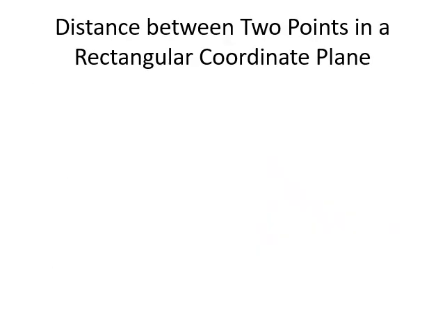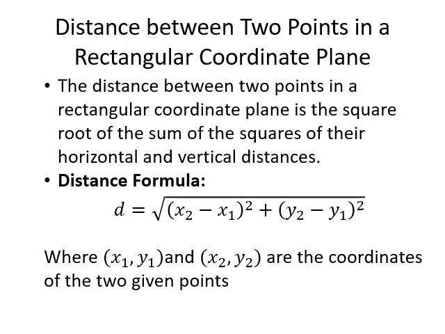So now we will discuss the distance between 2 points in a rectangular coordinate plane. The distance between 2 points in a rectangular coordinate plane is the square root of the sum of the squares of their horizontal and vertical distances.